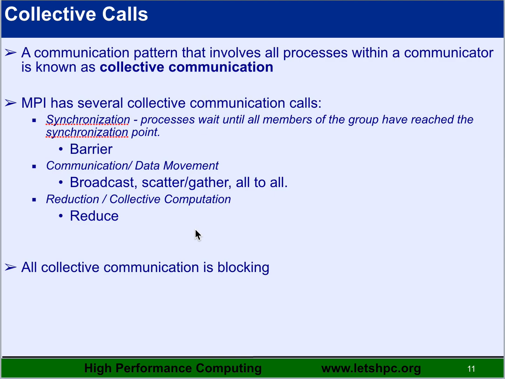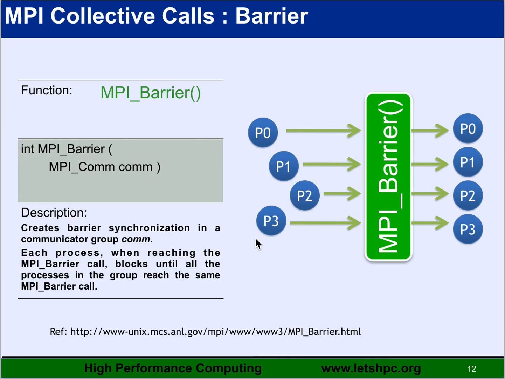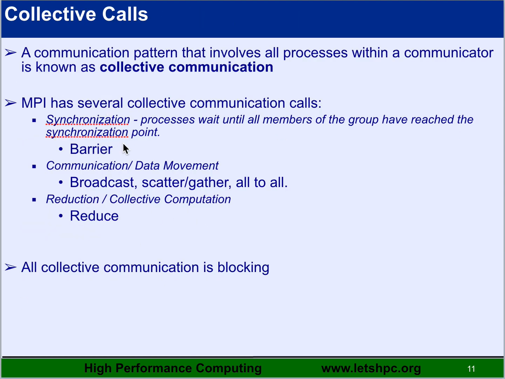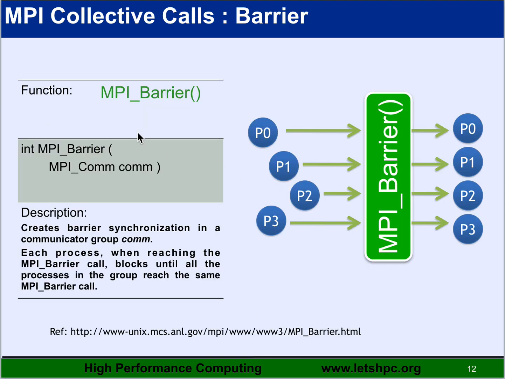However, we must remember that all collective communication is blocking in nature. So let's first look into a particular call from the first category, the synchronization category. A very important function of the first category is MPI barrier.